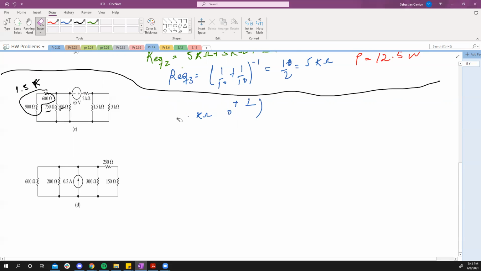I'm gonna just rewrite that. Which is 250 ohms.